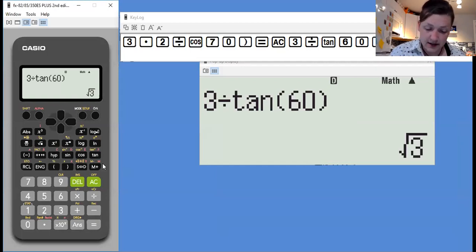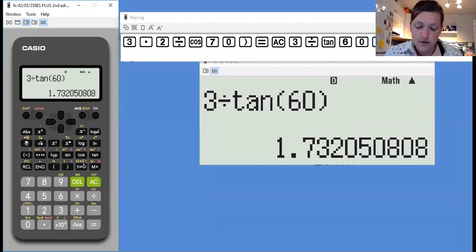On my calculator, it gives me exactly the square root of 3. If this happens on your calculator, you should have a button, like mine says S to D, that's standard to decimal form. If you hit that, it'll give you the decimal, 1.732050808. I said round to 1 decimal place, so our answer is 1.7.